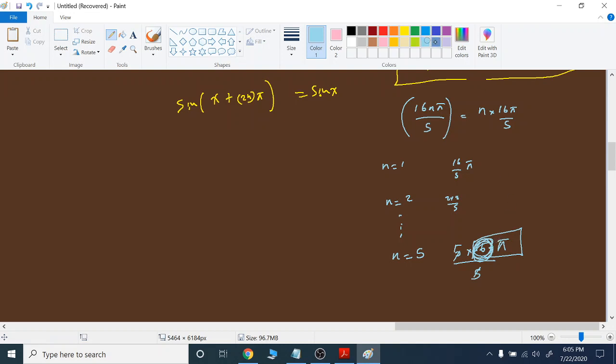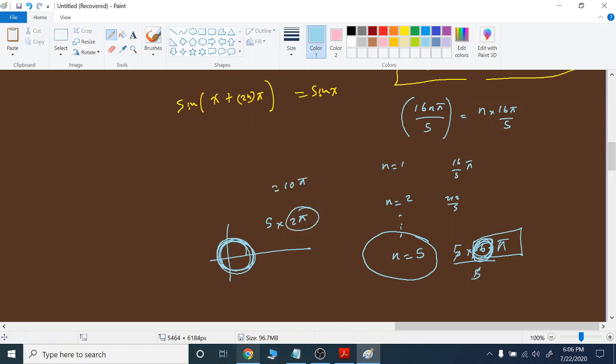In other words, after 5 complete rotations, the graph will start to repeat itself. Doing 5 rotations means 5 times 2 pi, so that means 10 pi.